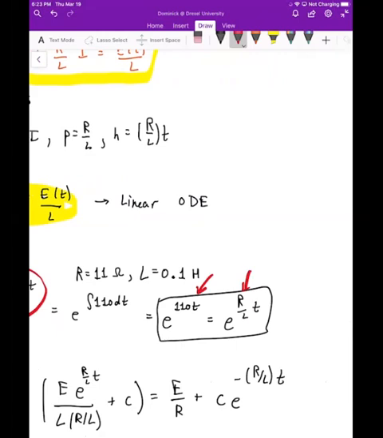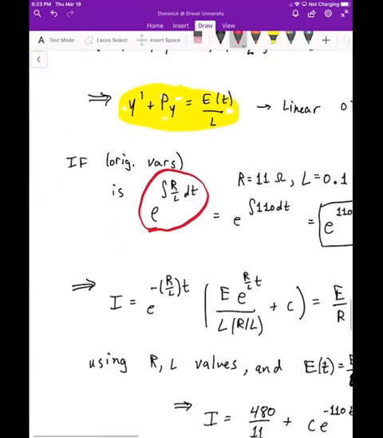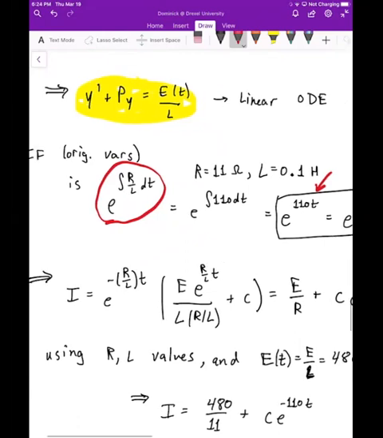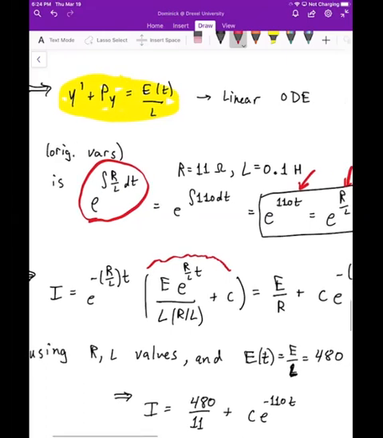All right, so now moving forward, we can derive that the exact solution is going to be e to the minus R over L times T, and then all of this is going to be what happens when we integrate our desired function, right?